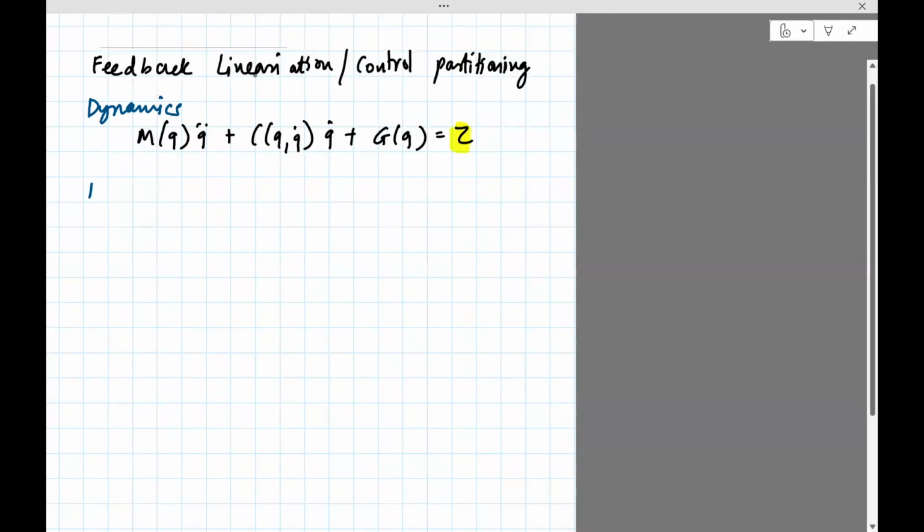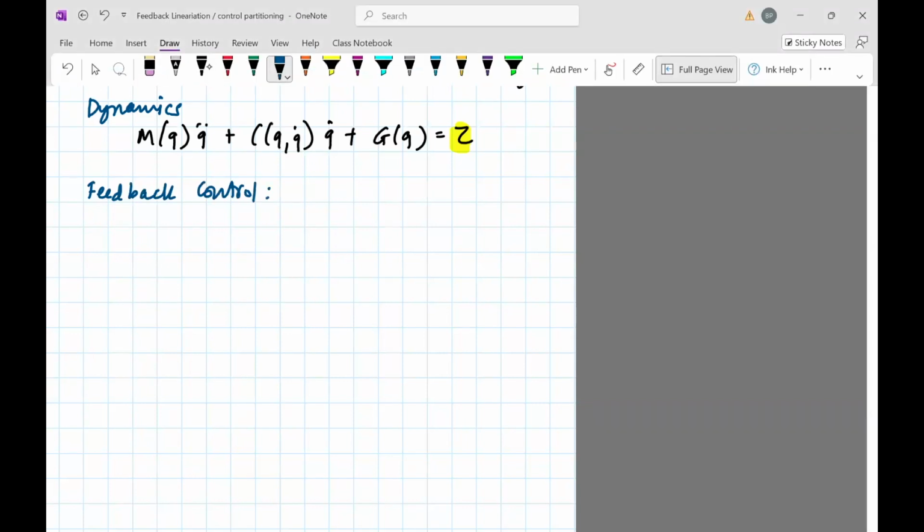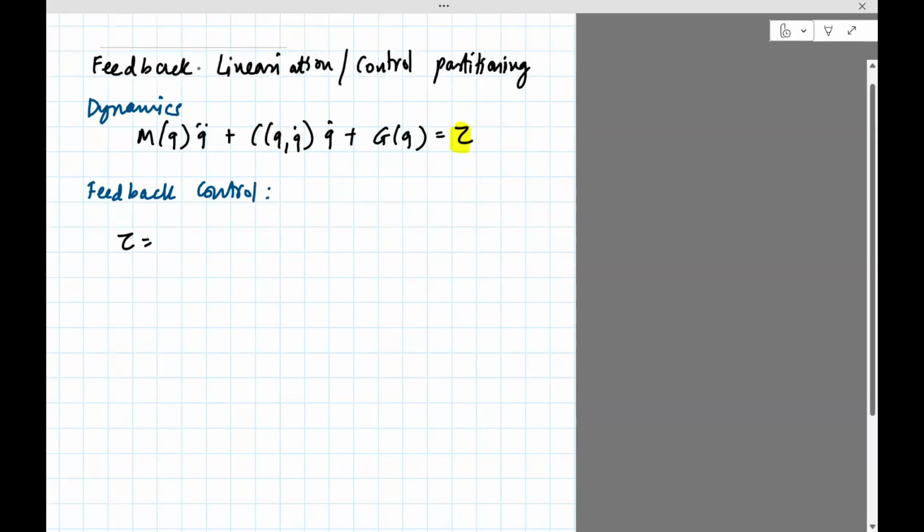So the feedback control, which will make this possible, which will make our life very easy, is to choose tau such that it is, and the form is very important. Okay, so pay attention. M minus Kp Q minus Kd Q dot plus C Q Q dot times Q dot plus G of Q.